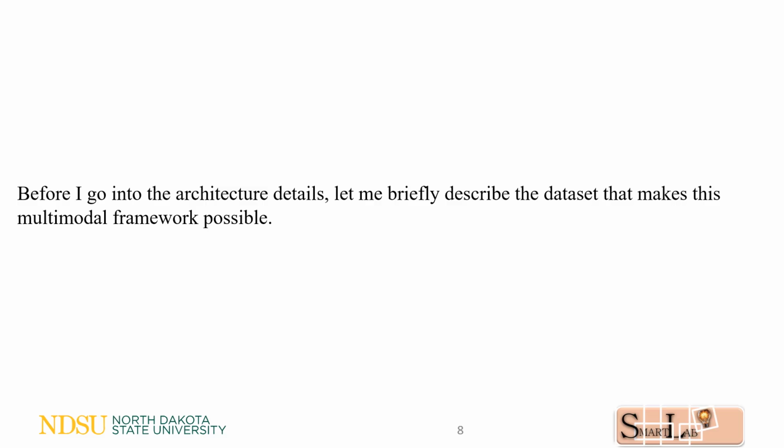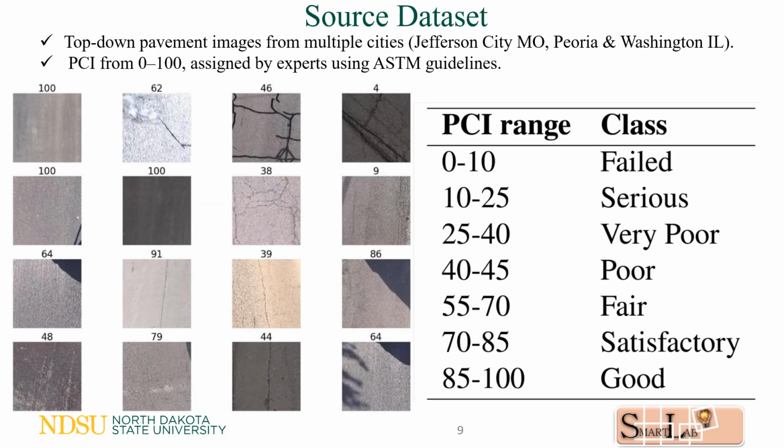Now, before I go into the architecture details, let me briefly describe the dataset and how it makes this multimodal framework possible. The dataset consists of top-down pavement images from multiple cities, from Jefferson, Peoria, Washington, Illinois, with their corresponding PCI values.